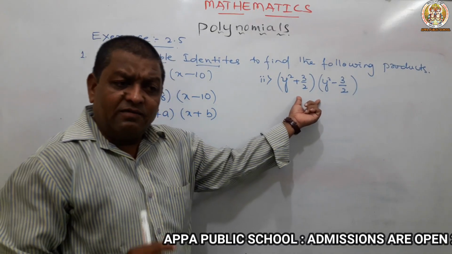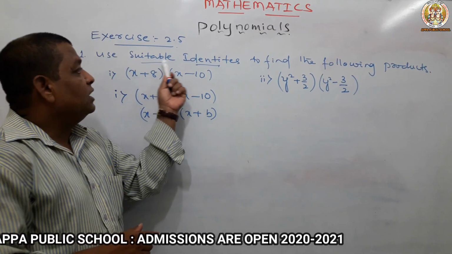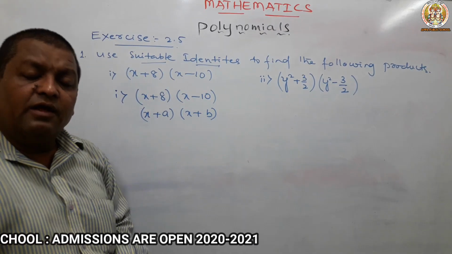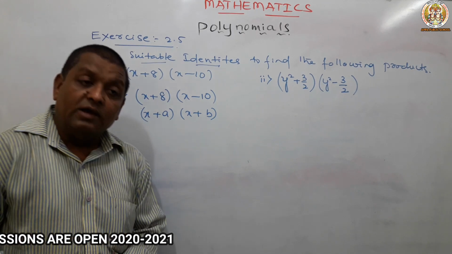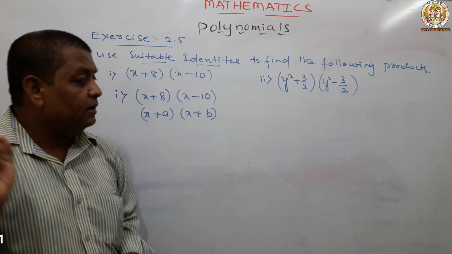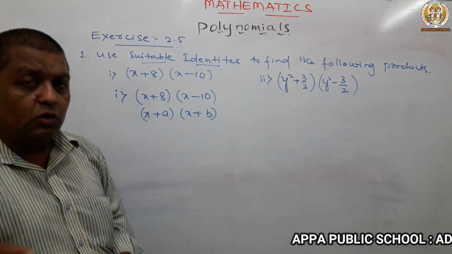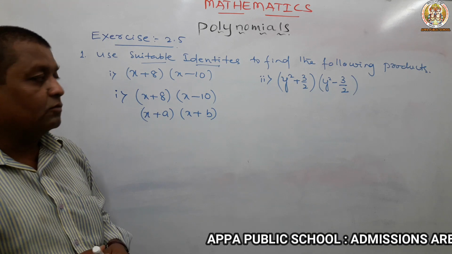If you took x plus a into x plus b for this, it is not a suitable identity. Then which is the suitable identity? So we already know a plus b into a minus b. What is that? A plus b into a minus b is equal to a square minus b square.